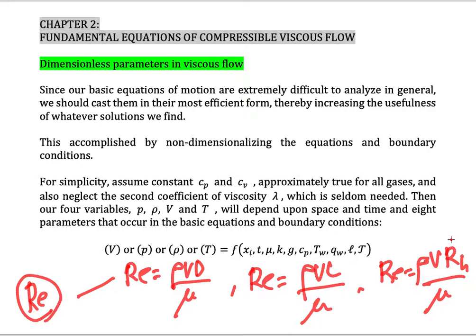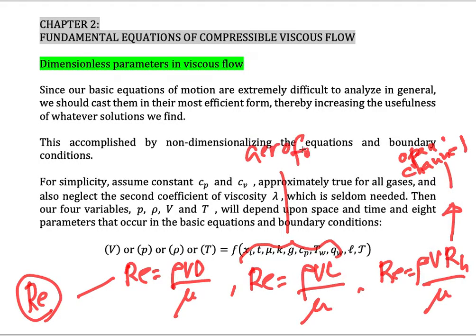Here Rh is the hydraulic radius, which we normally use in open channels. And rho Vl over mu, normally we use in aerofoil, for example. And rho Vd over mu is often used in flow in pipe. Okay, so you could see here the dimensionless number actually depends on the situation.